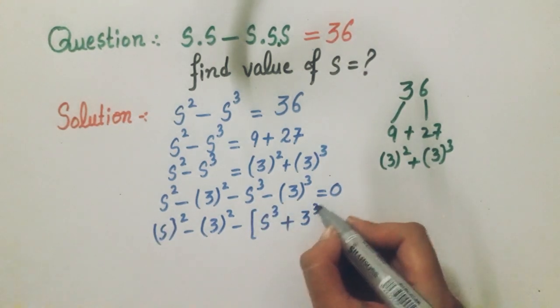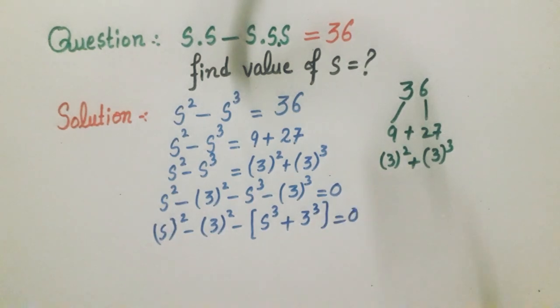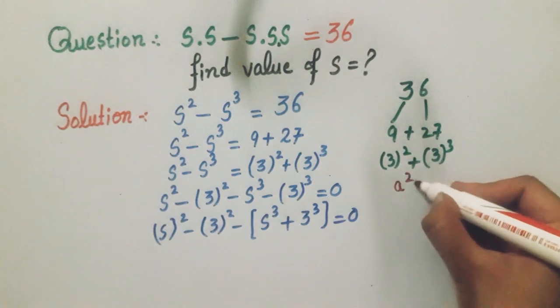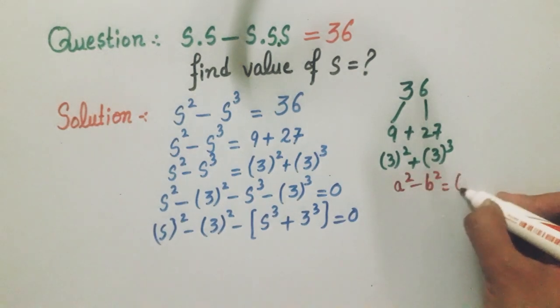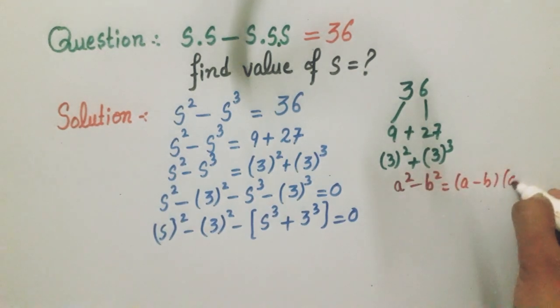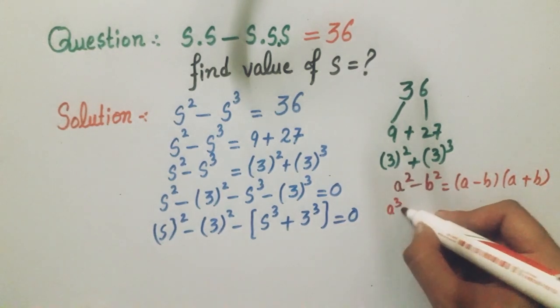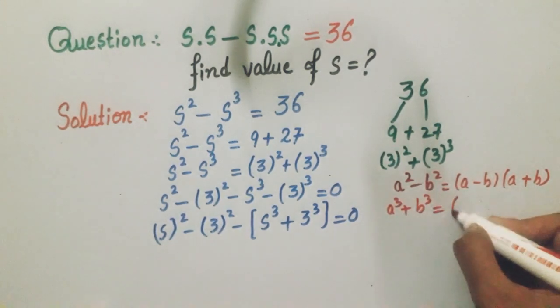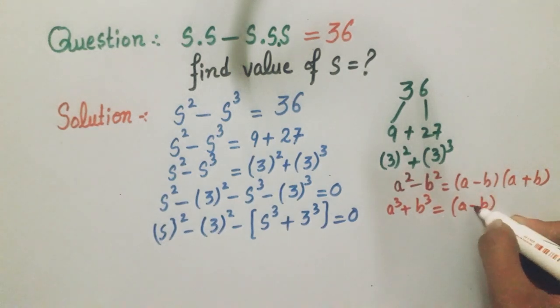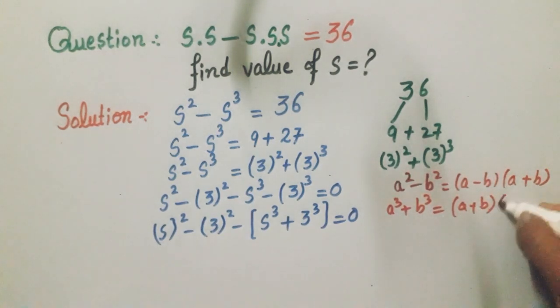This will be plus, as here the formula is a squared minus b squared equals (a minus b)(a plus b), and a cubed plus b cubed equals (a minus b)(a squared minus ab plus b squared). So I will apply this formula here.